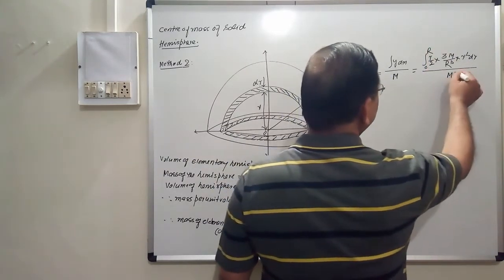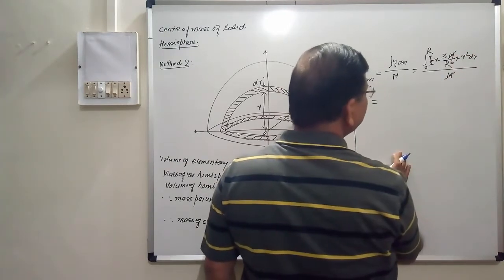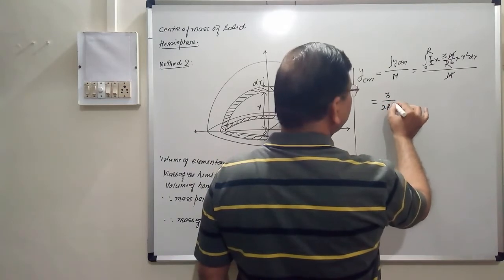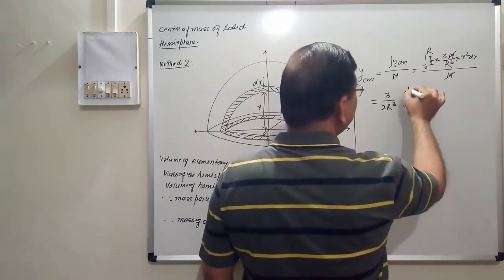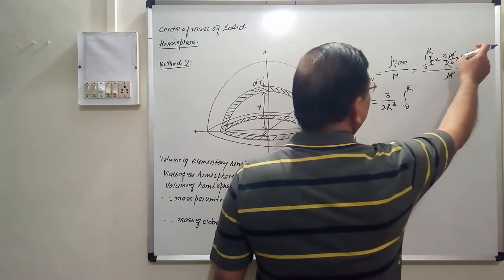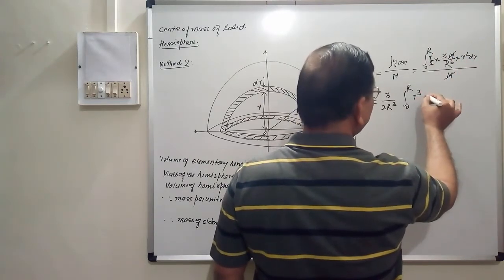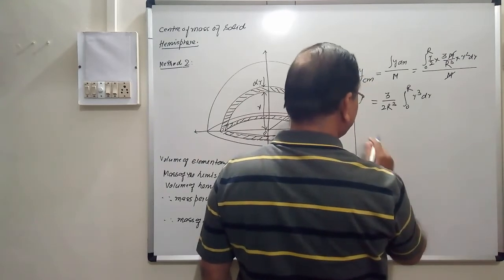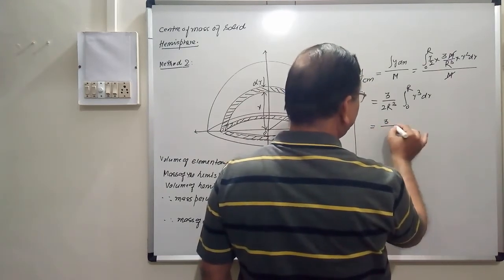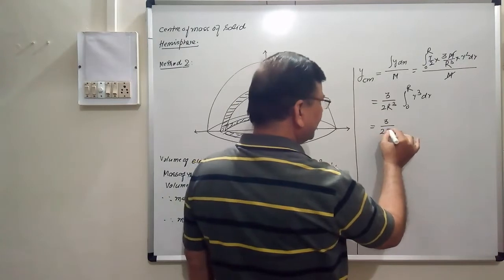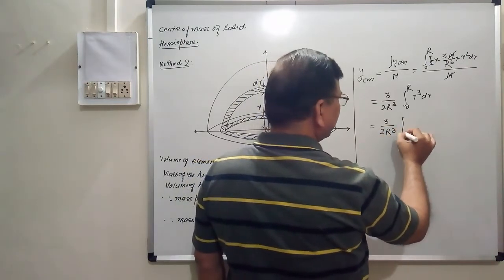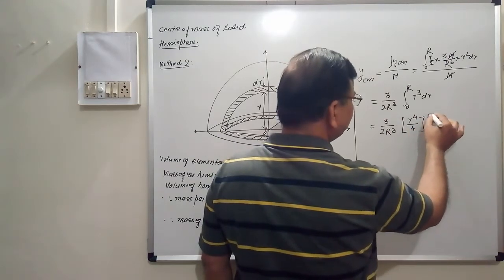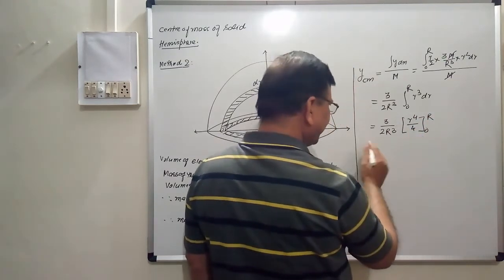We will simplify this. This m will go with this m. So what are the constants? 3 upon 2 r cube, integral from 0 to R of r into r square, that is r cube dr. Okay? So 3 upon 2 r cube, we will integrate, r to the power 4 by 4, 0 to R. This 4 I will take out.